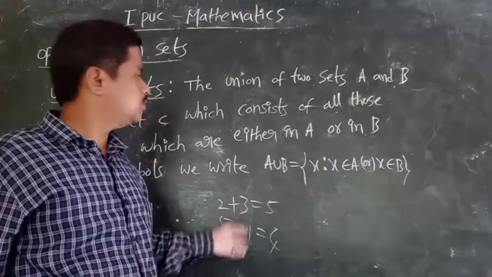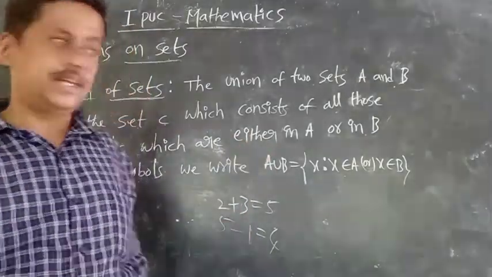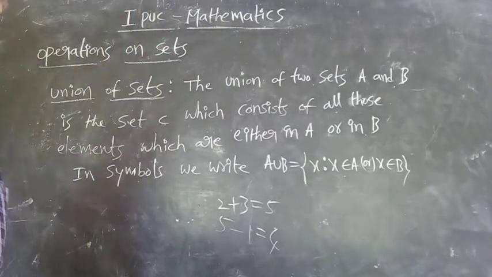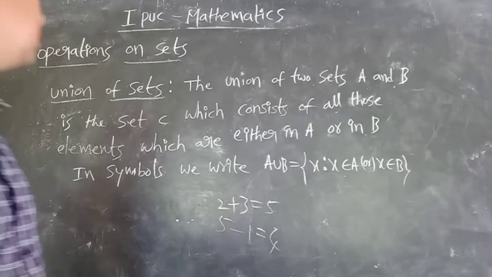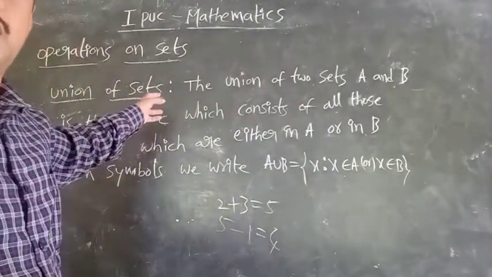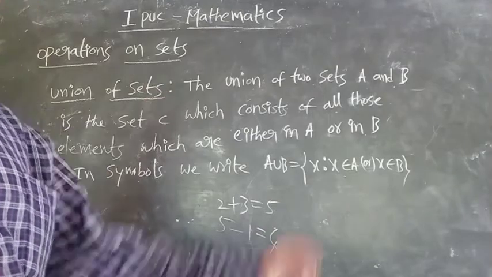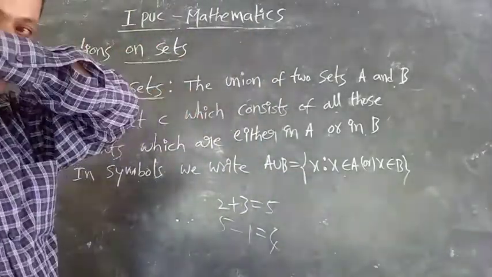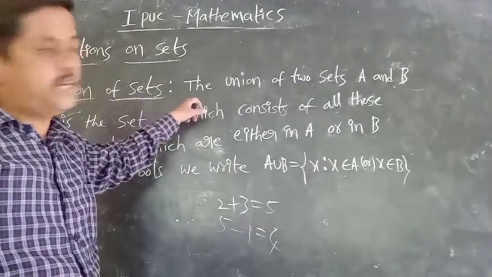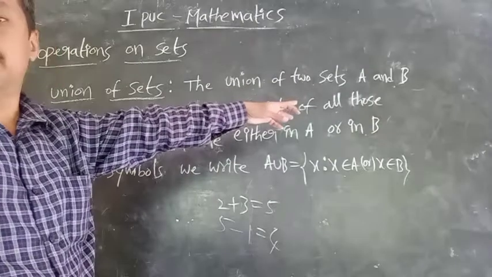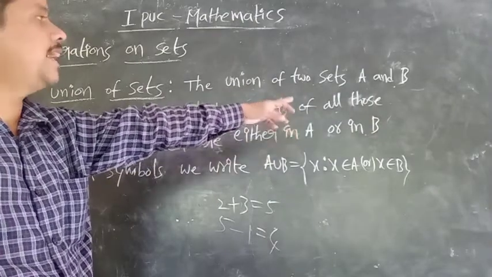Understood or not? So like that in sets also we have some operations. So the first one is union of sets. What is the definition of union of sets? We are considering A and B, the two sets.